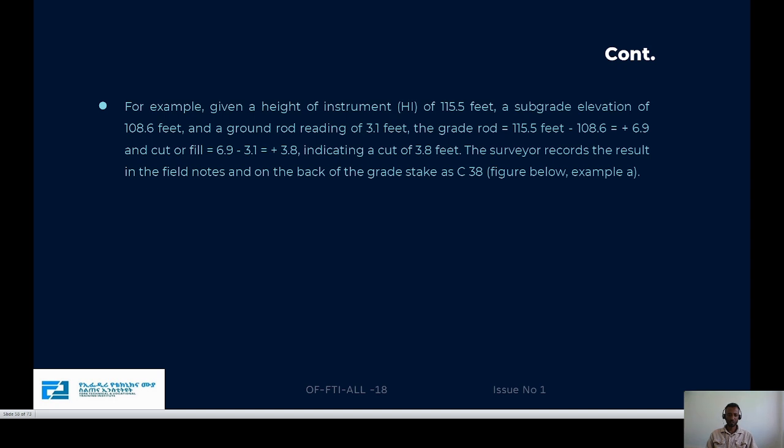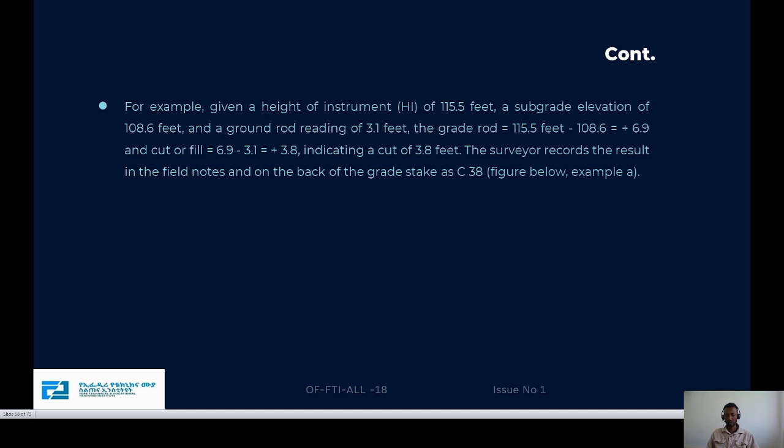Let's see how to calculate the ground rods as well as the grade rods, as an example. Given a height of instrument of 115.5 feet, a subgrade elevation of 108.6 feet, and a ground rod reading of 3.1 feet.